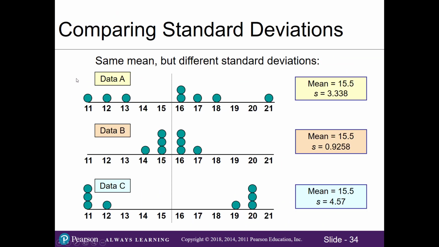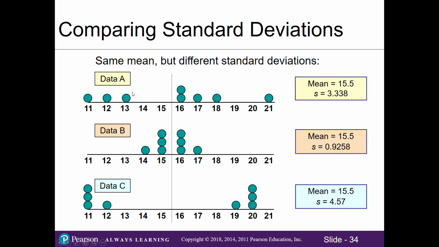So now when we compare standard deviations, we can see here we've got 3 different data sets. They all have the same mean, the same average of 15.5, but their sample standard deviations, that's lowercase s here, are different. This one is at 3.338, this one's at 0.9258, and this one's at 4.57.